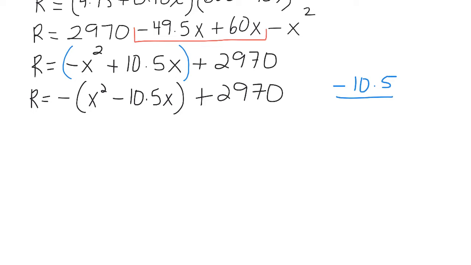We need to divide this number by 2, but we also need to square it. So negative 10.5 divided by 2 would be negative 5.25. Negative 5.25 squared would work out to be 27.5625.